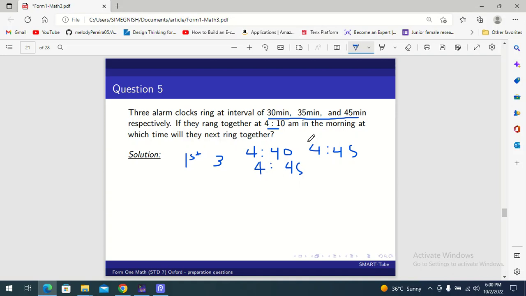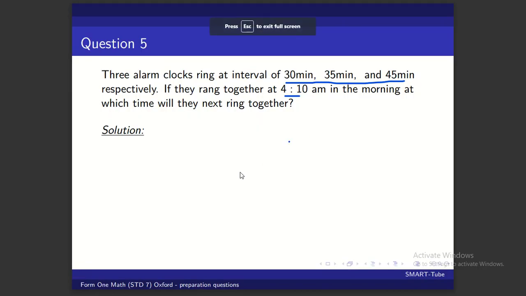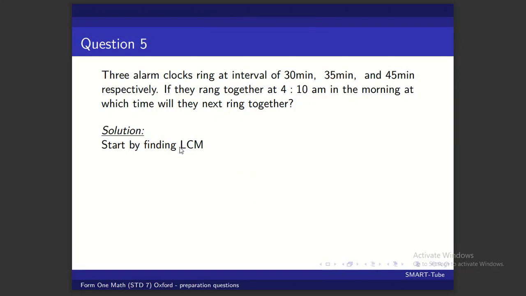So what's the LCM? Let's start by finding the LCM here. I use the prime factorization method to find the LCM of these minutes.